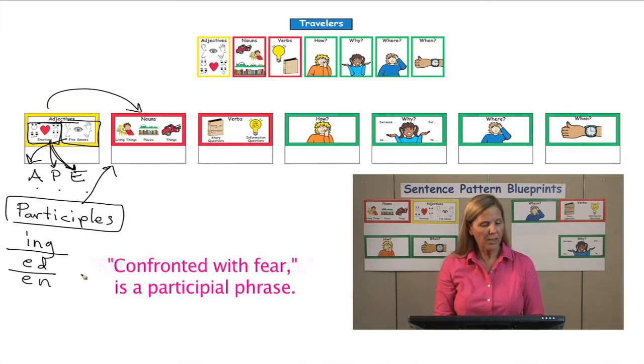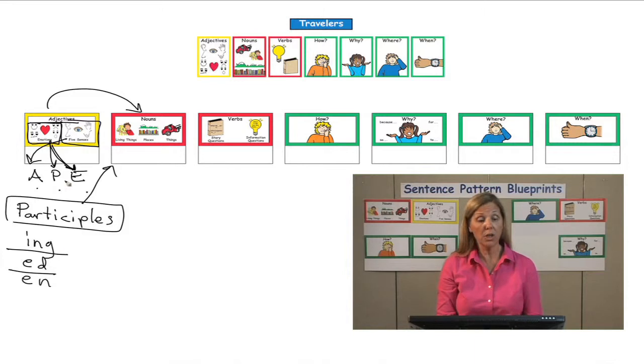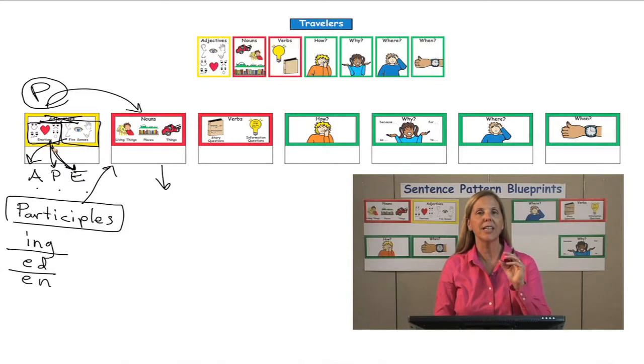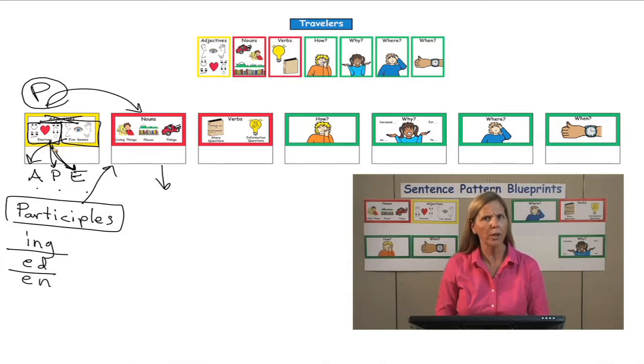Or, "Confronted with fear, Michael raised his hand to volunteer as lead in the play." Sometimes, instead of just having an adjective, we can have participles or a participial phrase in order to describe the noun. And why do we have the yellow for the adjective? Because it's yellow light, slow down, caution, caution. You need to describe the important nouns.